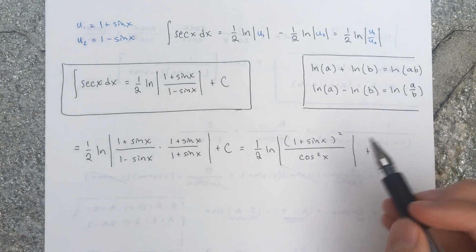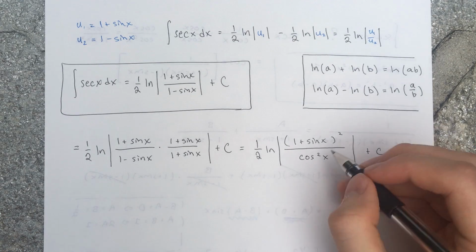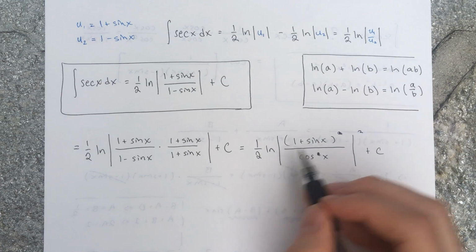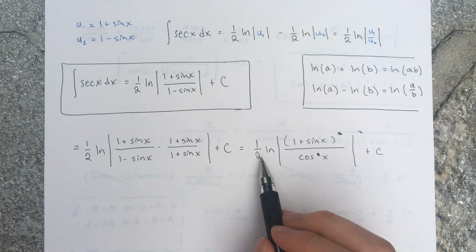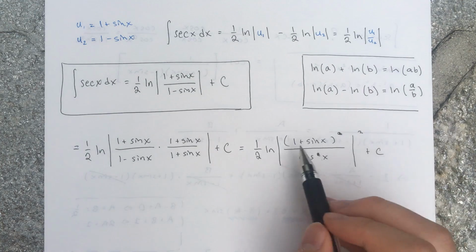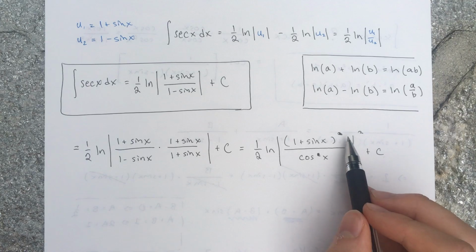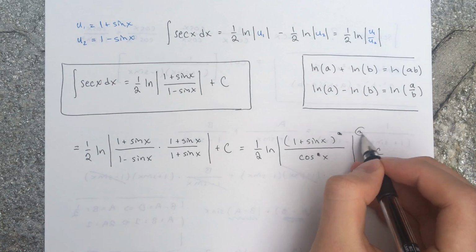Plus c. And since both of these are squared, we can just take this square out and move it to the entire absolute value. And if we remember natural log rules, if the inside of a logarithm is exponentiated, we can move that exponent to the front.